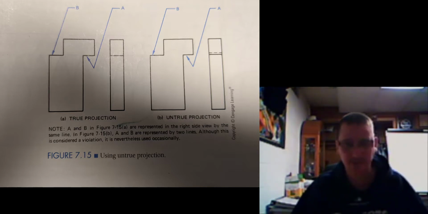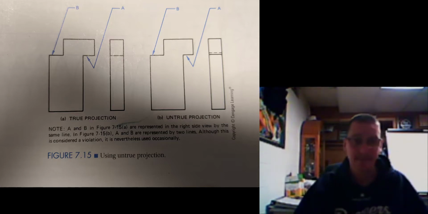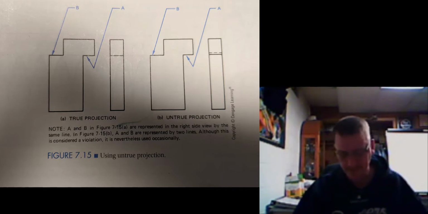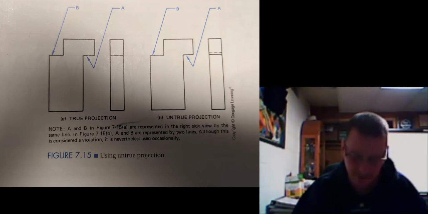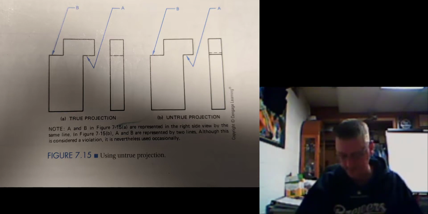Typically, we see things in a true projection simply because there are enough viewpoints on the print to show you otherwise, to show you that it would be the same line. But just in case it doesn't, be aware there is something called a non-true projection.